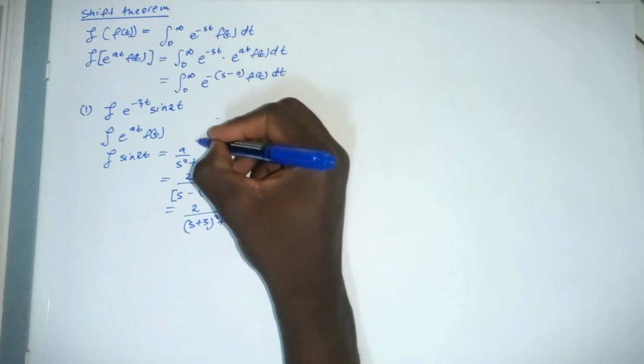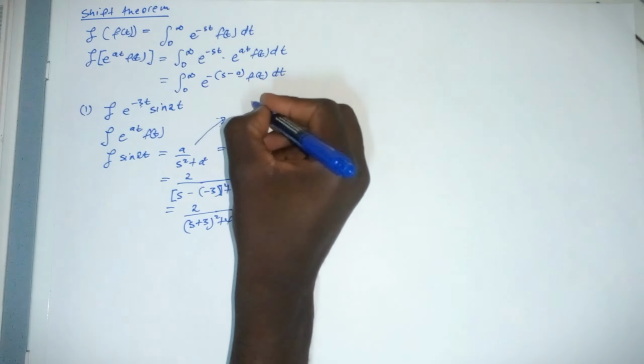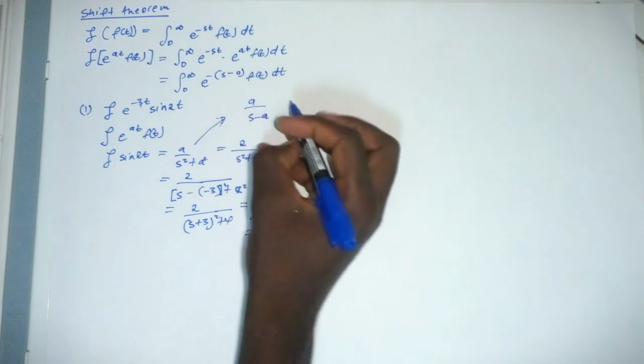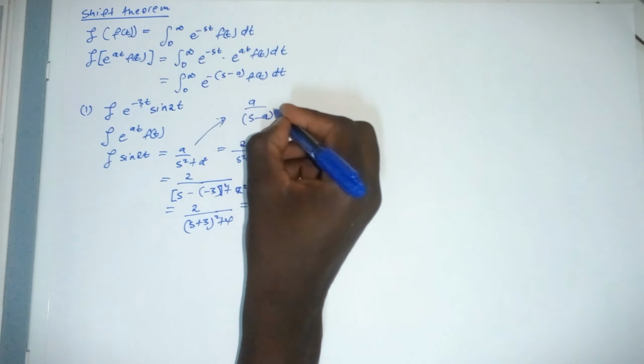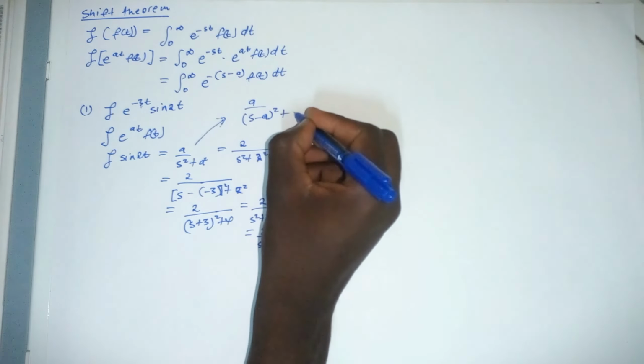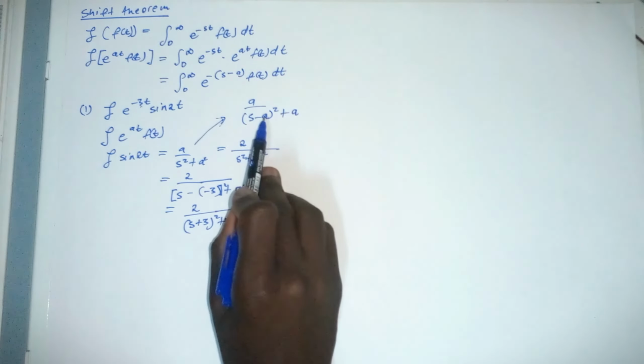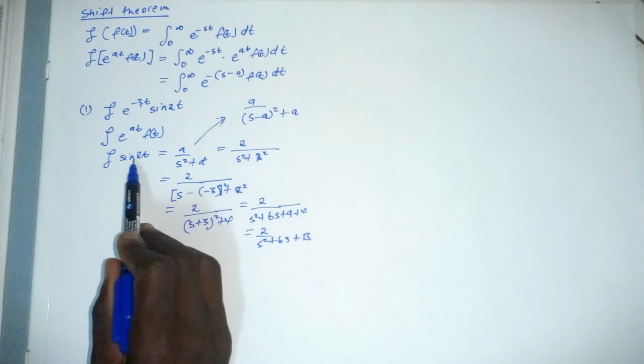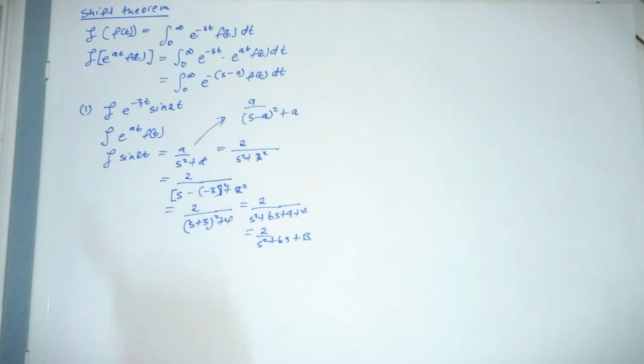Here we have a divided by s squared plus a squared, and this a is the coefficient of t in the value of sine 2t.